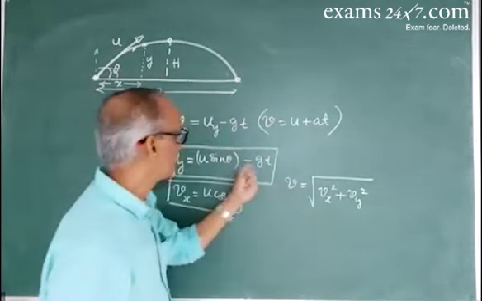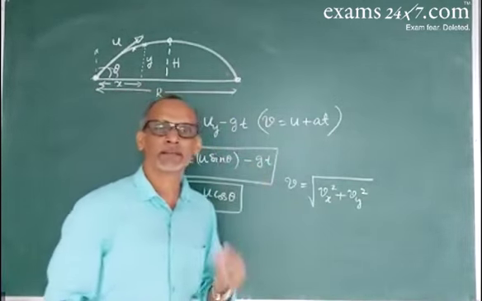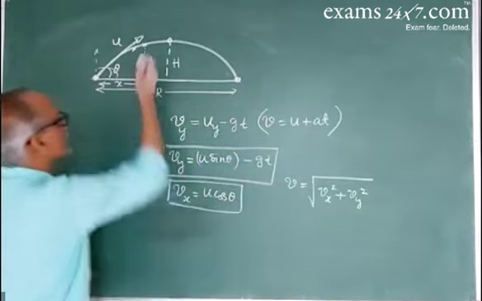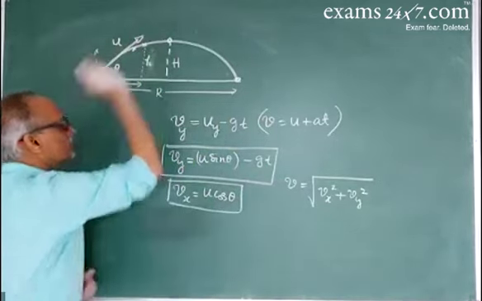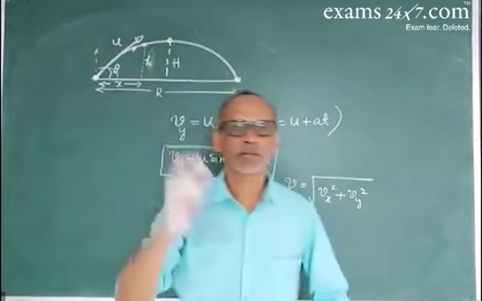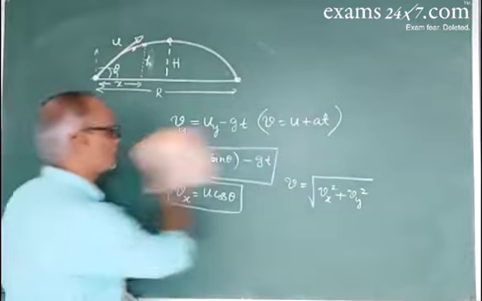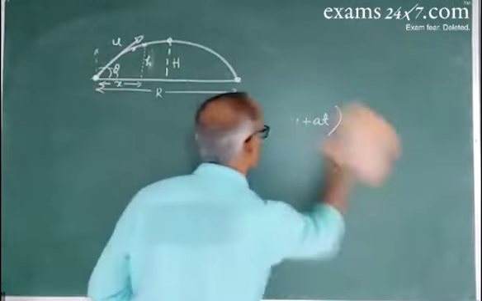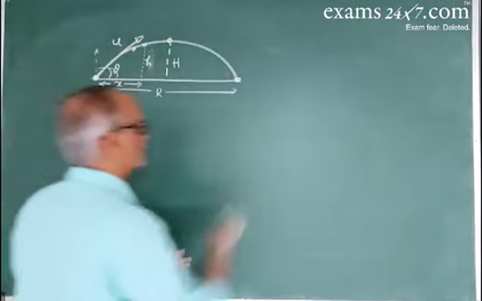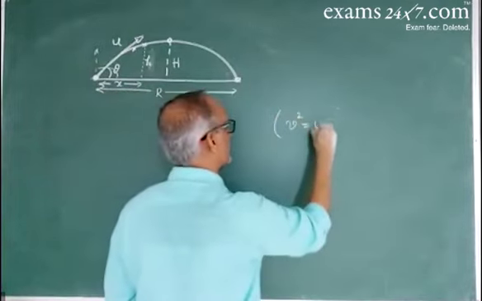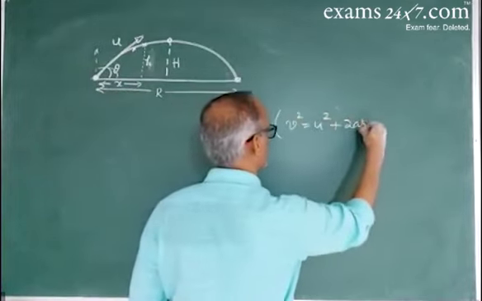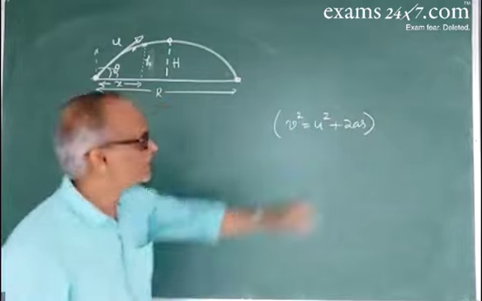Now imagine the time factor or that variable is not given, but instead the height is given. At a particular height, what is the velocity of the projectile? For this we are going to make use of one more equation of motion, that is v square is equal to u square plus 2as. Since height is given, we use this.